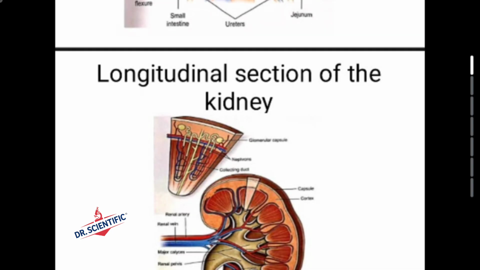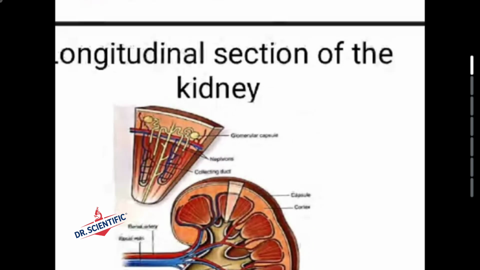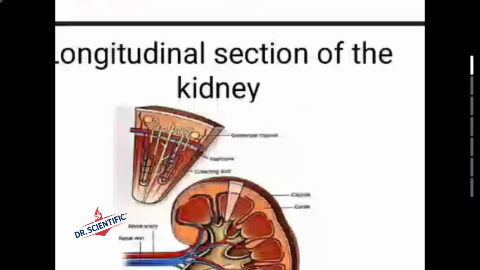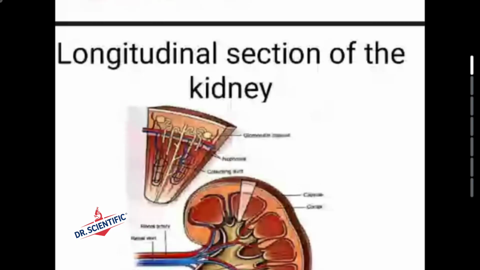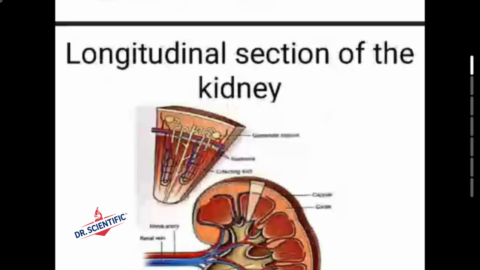Then from the cortex, we have the renal medulla, the pyramids. From the pyramids, you have the minor calyces, and then the major calyces that join to form the renal pelvis. From the renal pelvis, the urine flows through the ureter and goes to the urinary bladder.